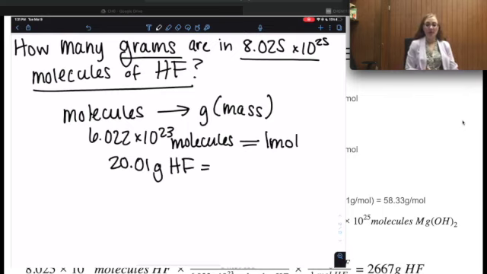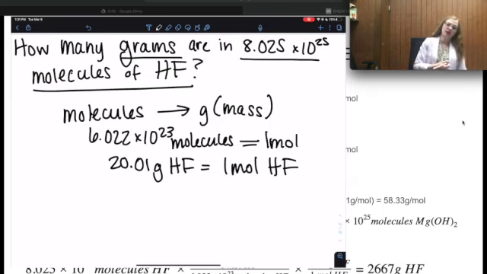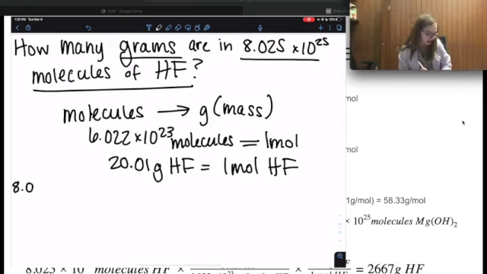So that formula mass is 20.01 grams of HF for every 1 mole of HF. So I have molecules, I'm looking for mass. I have something that relates molecules to moles. I have something that relates moles to mass. I think I'm ready to go. So let's set this up.